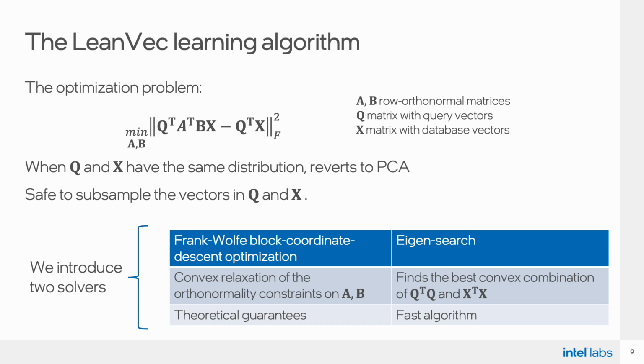We have also introduced an algorithm that we call eigensearch that finds the best convex combination of the covariance matrices of the query and of the database vectors in such a way that the objective function is minimized. This is an extremely fast algorithm. Both algorithms produce matrices of high quality, and they have different trade-offs, but in practice they behave very similarly to each other.